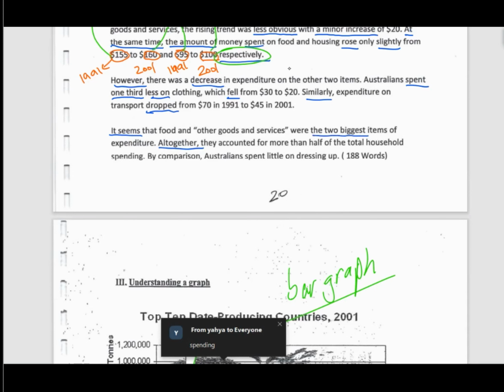The two biggest, by comparison, more than half, spent or spent little, also spending.